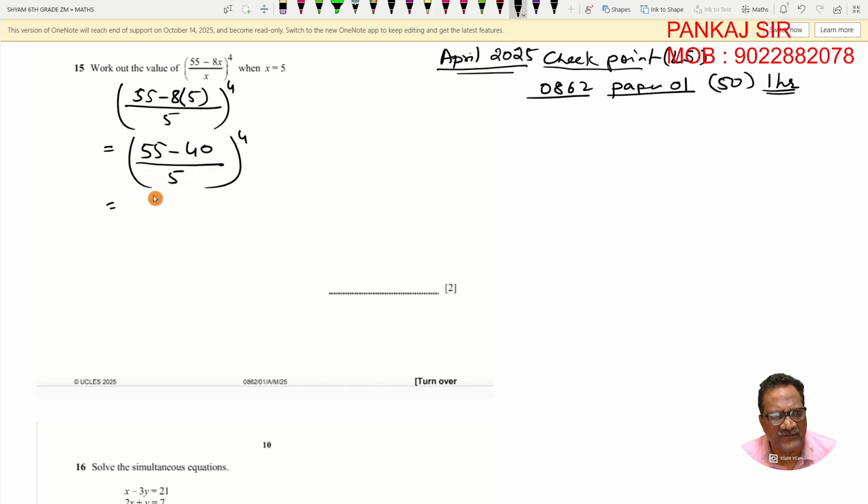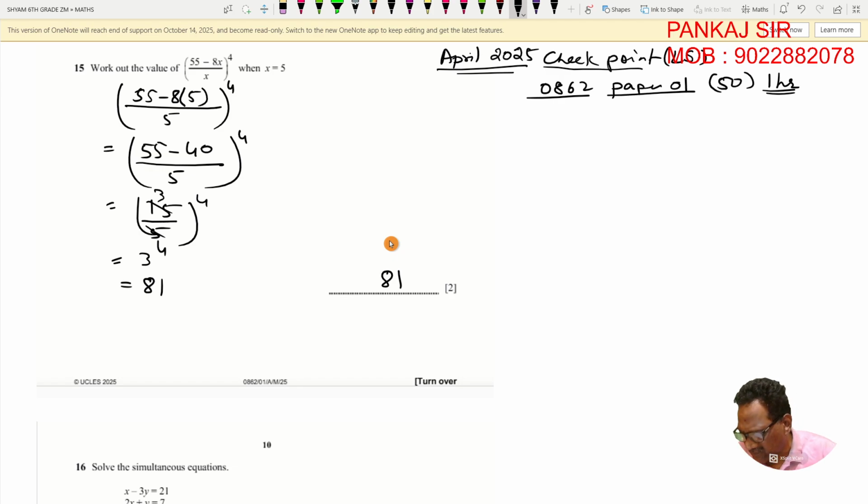This is equal to 55 minus 40, which is 15, upon 5 whole raised to 4. This is nothing but 5 threes are 15, so it's 3 raised to 4, and 3 raised to 4 is nothing but 81. So the answer for this is 81. That was question number 15.